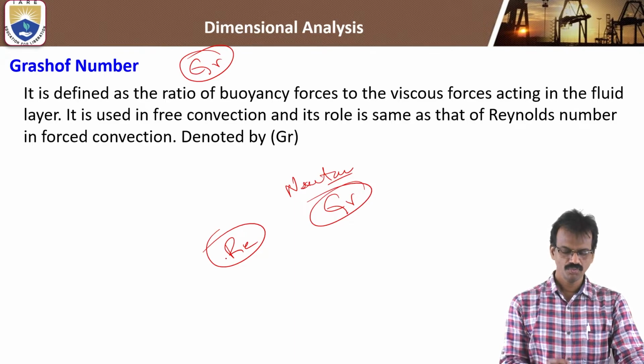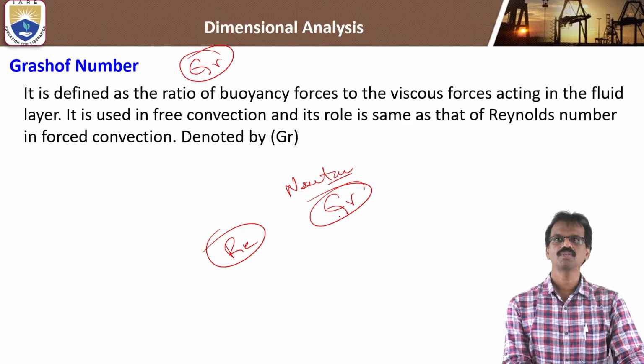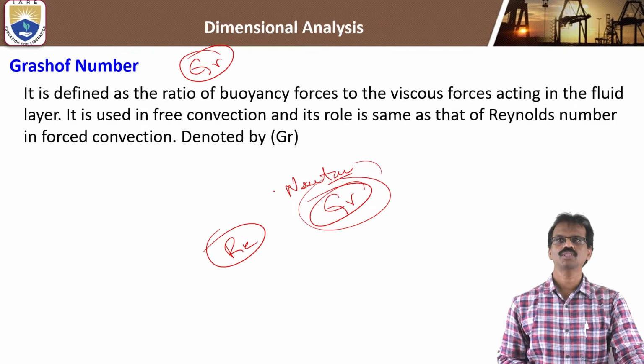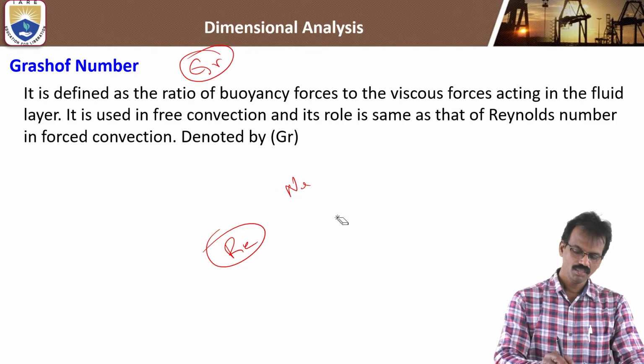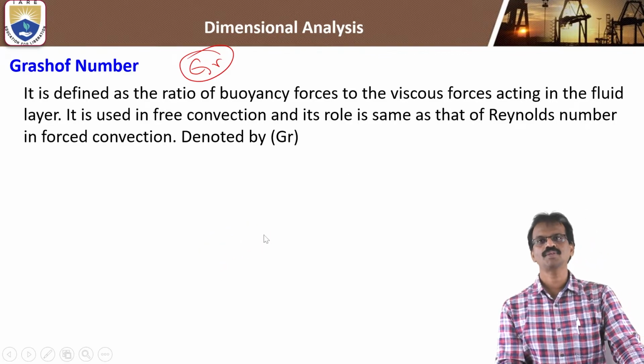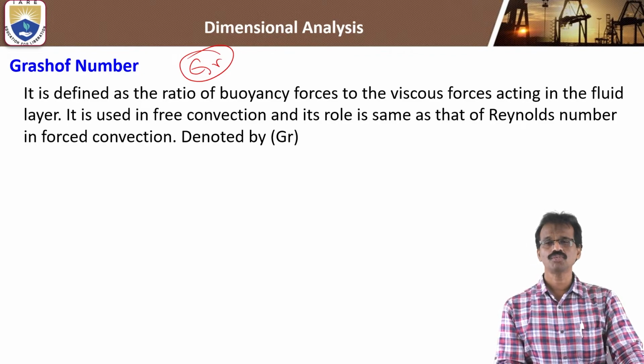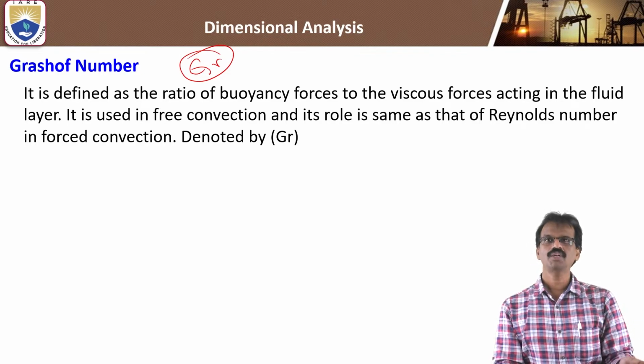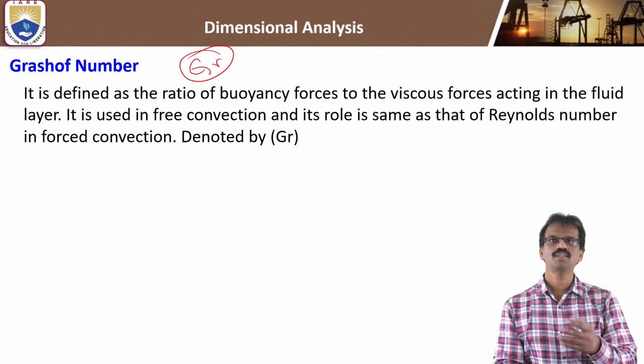In forced convection, the significance of the Reynolds number, the same function will be performed in natural convection by the Grashof number. So in forced convection, based upon the Reynolds number value, we identify which type of flow it is, either laminar or turbulent.